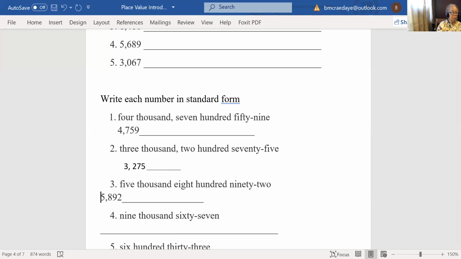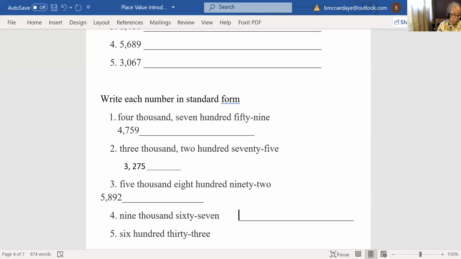All right. The next numbers, well, let's do the 9,067. We'll do that number. 9,000. So we'll write 9,067.